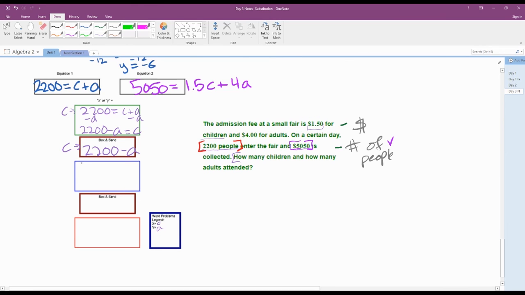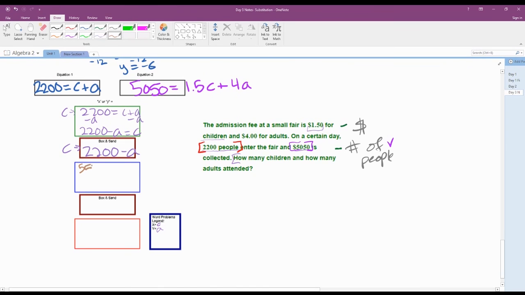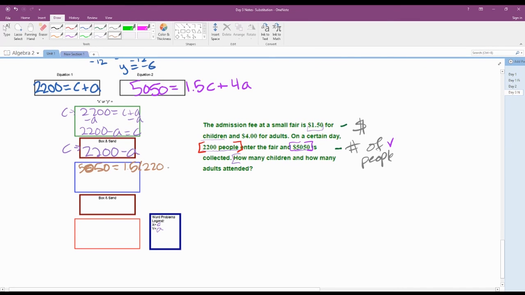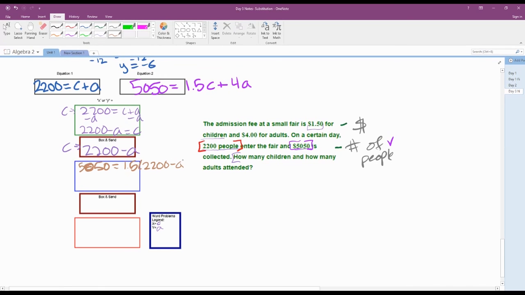So I get 5,050 equals 1.5 times 2,200 minus A plus 4A.